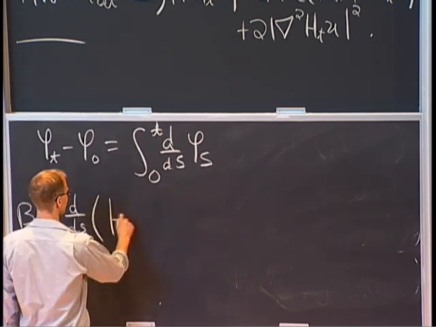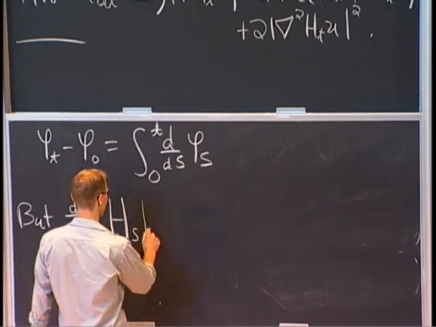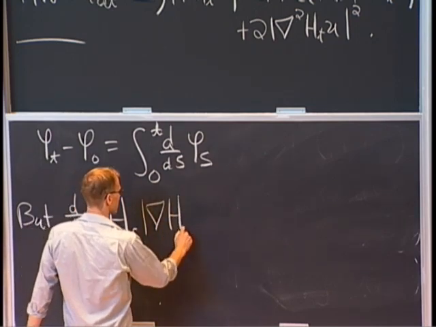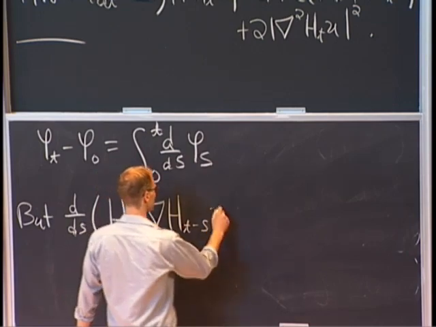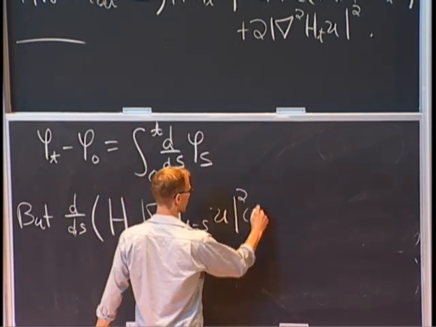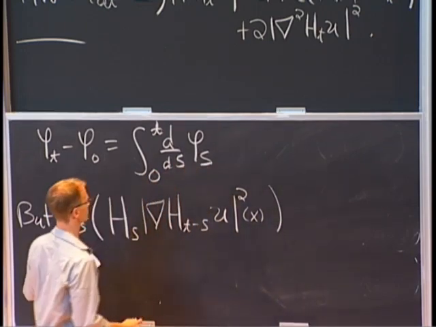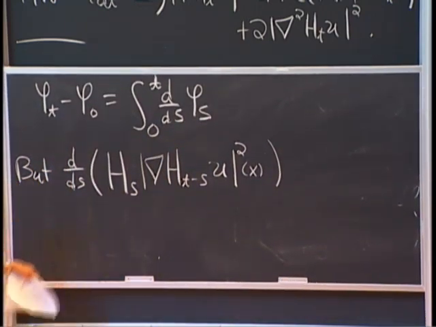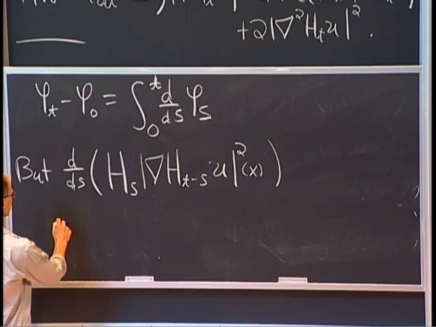What is this? This is d/ds of h_s applied to the gradient of h_{t-s} u squared, evaluated at some point x. We're going to have 2 terms from this.